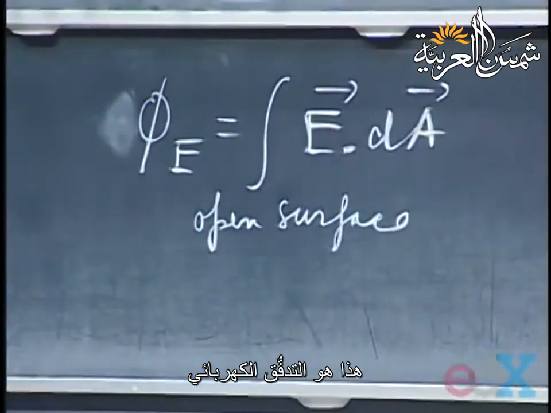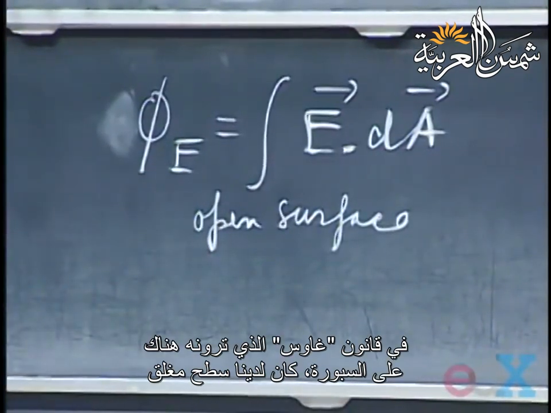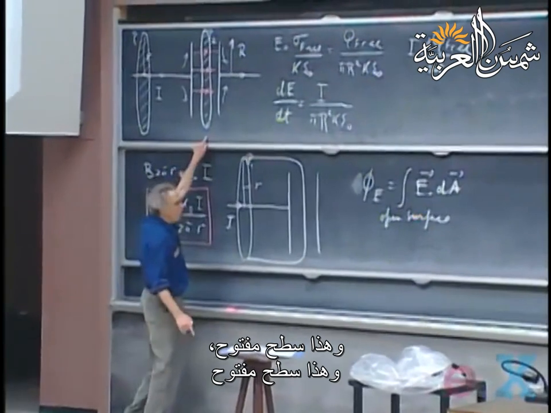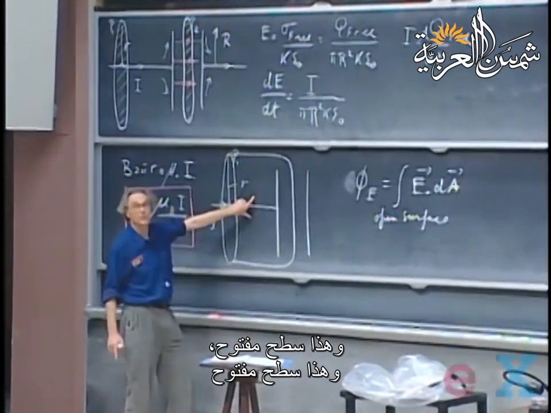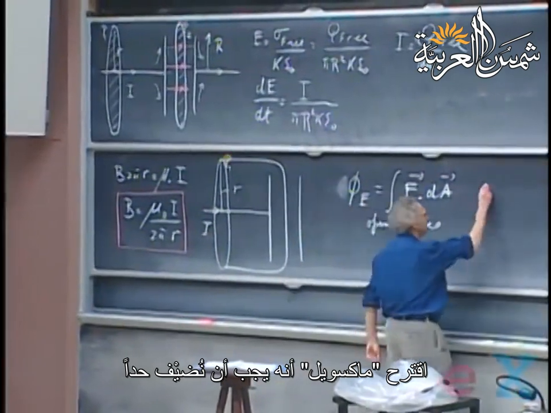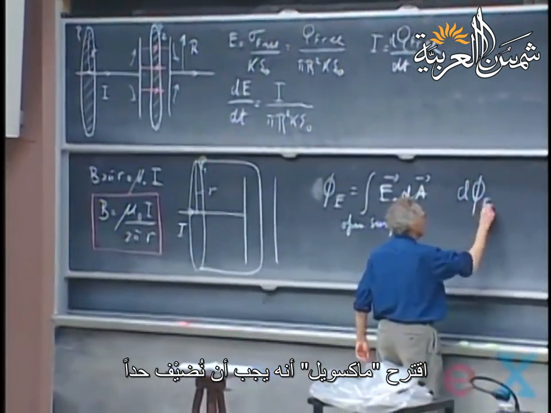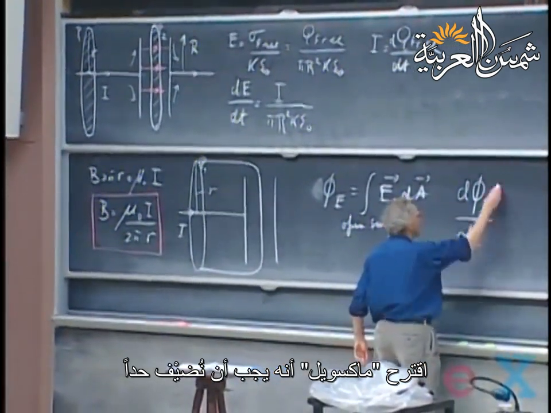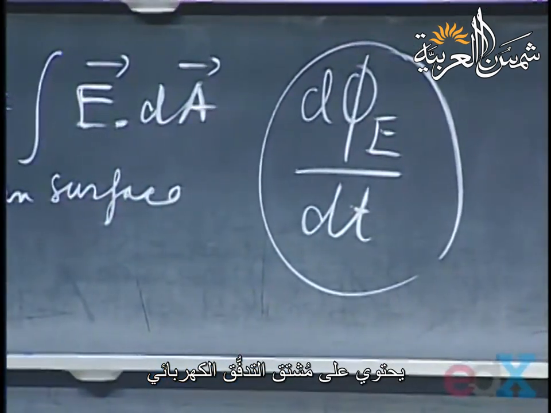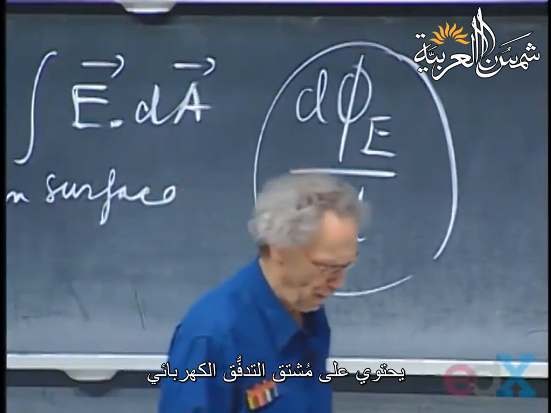That is an electric flux. With Gauss' law that you see on the blackboard there, we had a closed surface. I'm talking now about an open surface. That is an open surface. This is an open surface, and this is an open surface. And so Maxwell suggested that we have to add a term which contains the derivative of the electric flux.